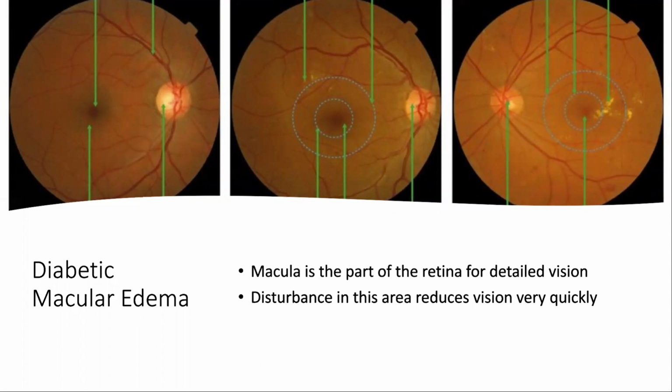In these pictures, the center of the green circles would be the macula. Edema is swelling. So basically, fluid is being leaked out into that central part of vision. That central part of vision is really, really sensitive, so any sort of fluid and structural changes in there starts to affect your vision rather quickly.